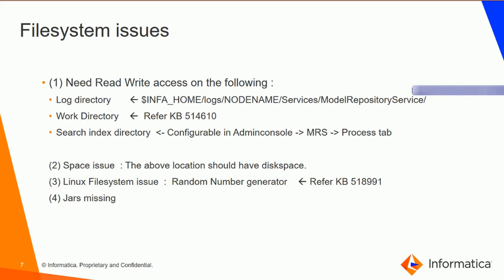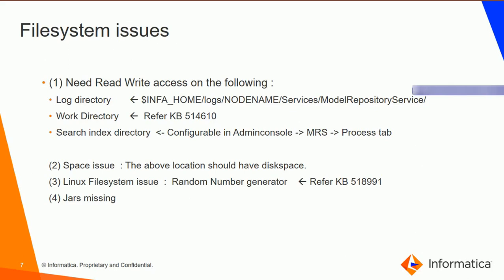And for the work directory, there is another issue where it would try to configure Informatica's storage plugin and would not be able to do that. Cleaning up is something we have given as a workaround to some customers, and you can refer to KB 514610 for that.